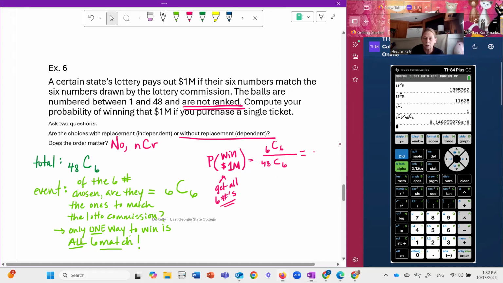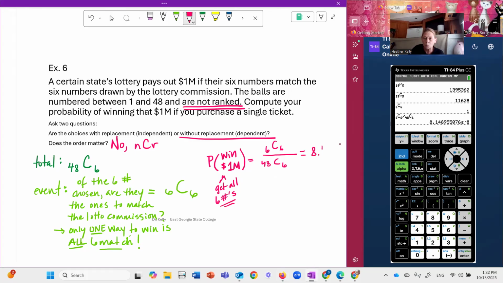So let's just go 8.1 e to the negative 8, which you've got to change. That's equal to 0.7 and an 8.1, and then to convert it into a percentage is going to go here.